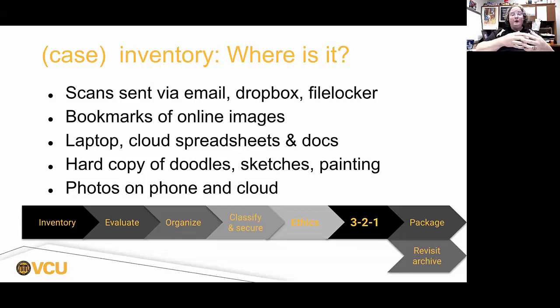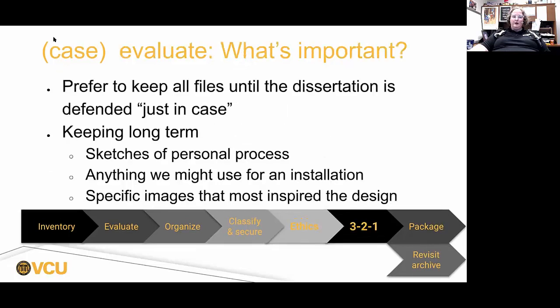They may also talk to people who work in brain labs and scan some copies of those people's lab notebooks to understand more about the inspirational and scientific process of how scientists go through the process of research. And then finally, if they take photos of the site, they've probably got those photos in their phone or on iCloud, and those may need to be transferred or organized as well.